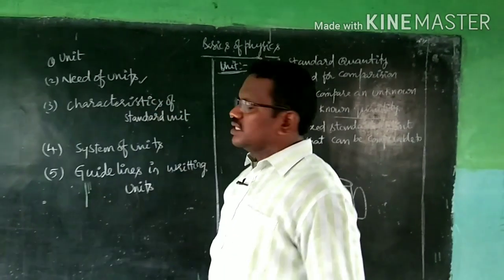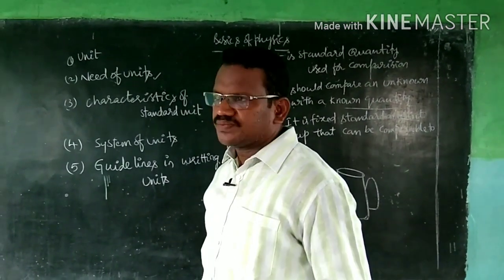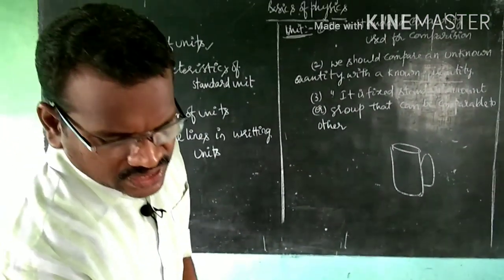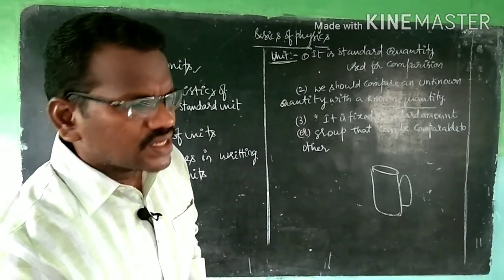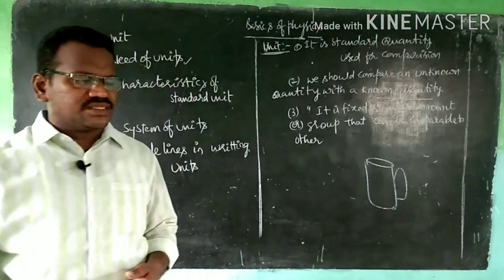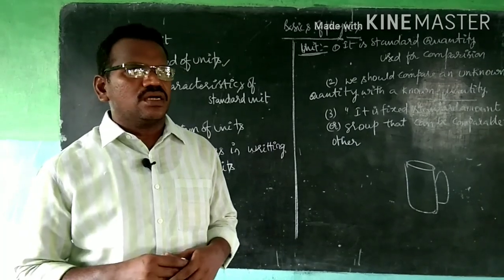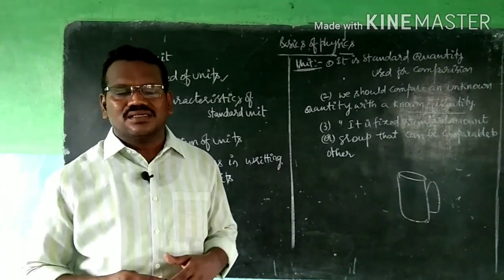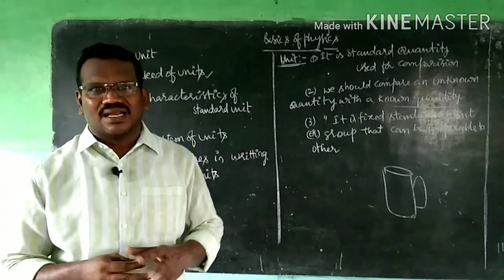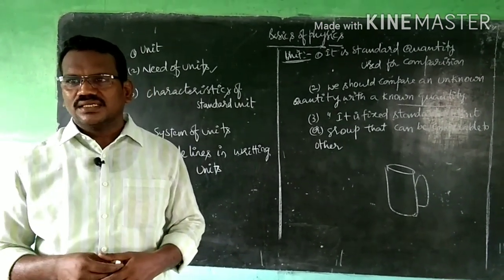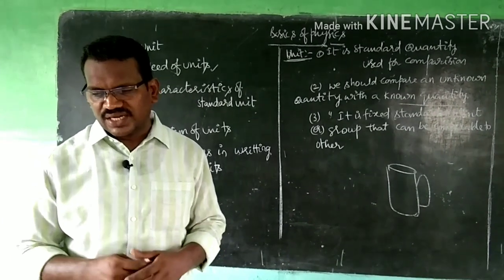The subtopic is need of units. What is the need of units? There are different kinds of systems we are utilizing. For example, in our local area, to measure land, sometimes we use ankanam, sometimes gadi, sometimes square feet.